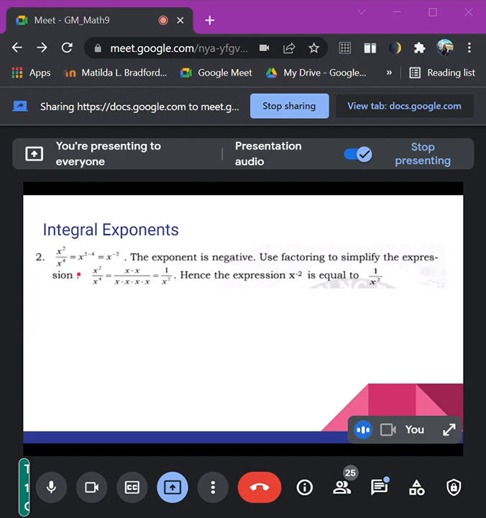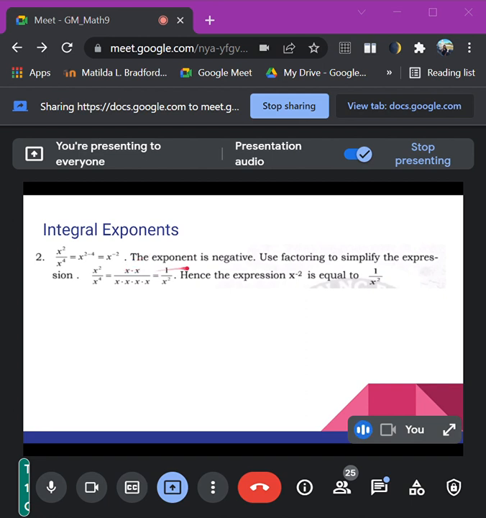The answer is different, class. So, using the rule, the exponent in the numerator minus the exponent in the denominator, x raised to 2 minus 4. Applying integers, 2 minus 4, that is x raised to negative 2.